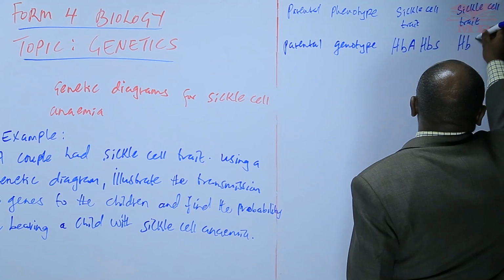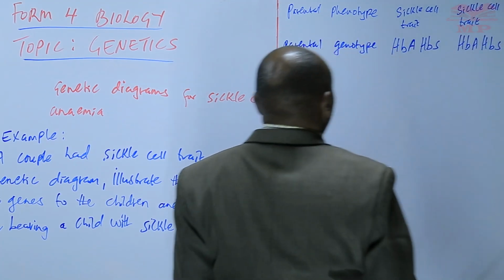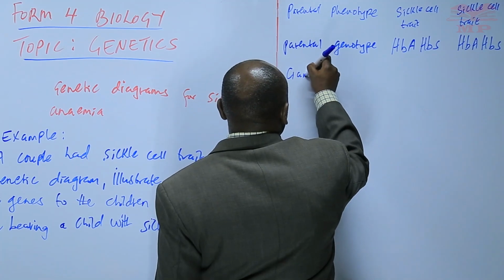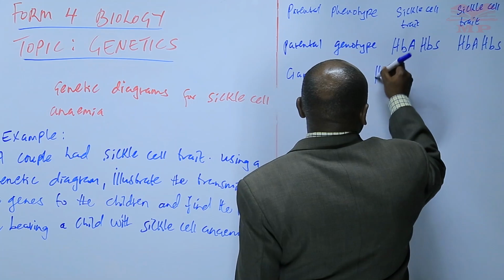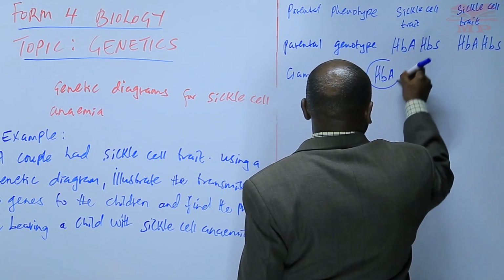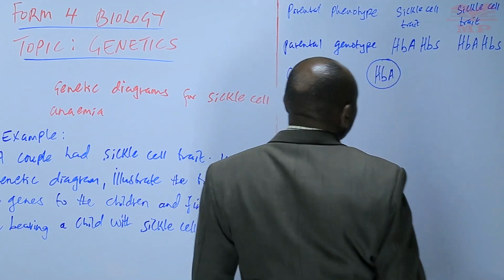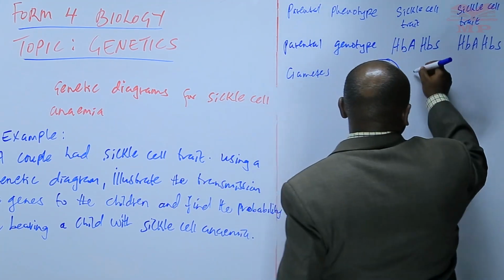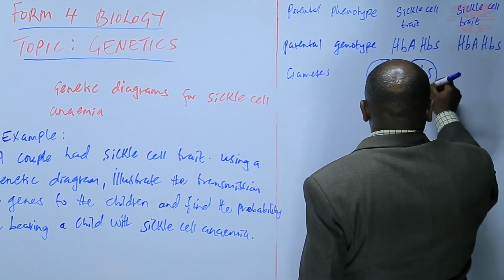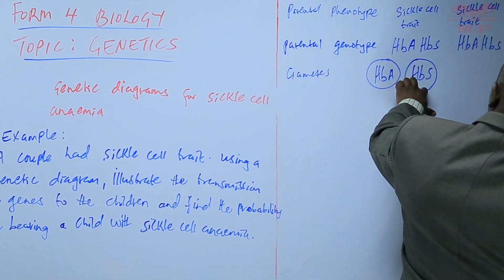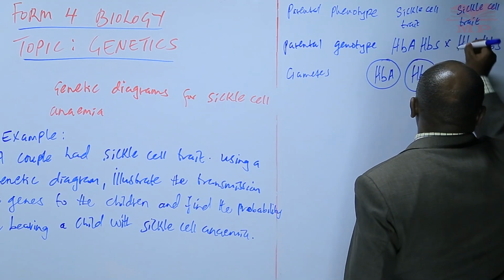The same case applies to the other person. And then we do the gametes. The gametes should be circled. HbA, that is hemoglobin type A, which is normal. Then hemoglobin type S, which is sickle cell, or which is defective.